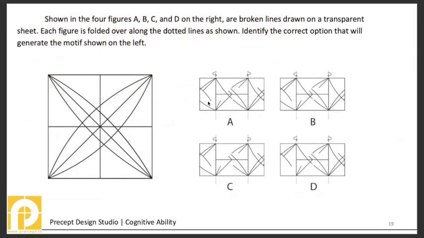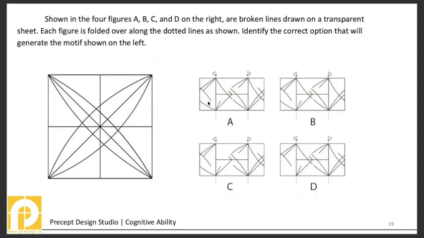Shown in the four figures A, B, C, D on the right are broken lines drawn on a transparent sheet. Each figure is folded over along the dotted lines as shown. You have to identify the correct option that will generate the motif shown on the left. Okay. In this case, when you compare all the options together, you will find one difference that is seen in the figure C here.